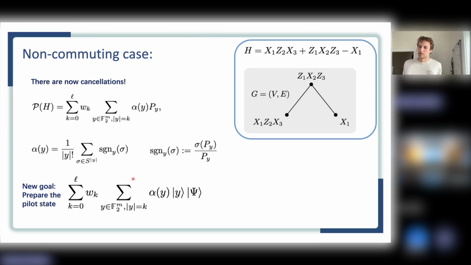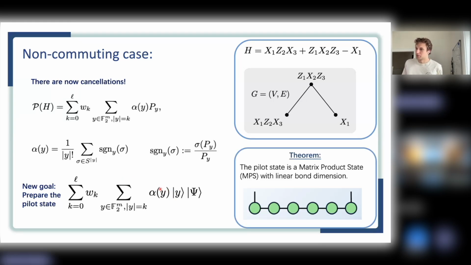So this state, unfortunately, seems very difficult to prepare. What we show is that, nevertheless, you can always express it as a matrix product state with linear bond dimension, defined on local sites given by the connected components of the anti-commutation graph of the Hamiltonian.